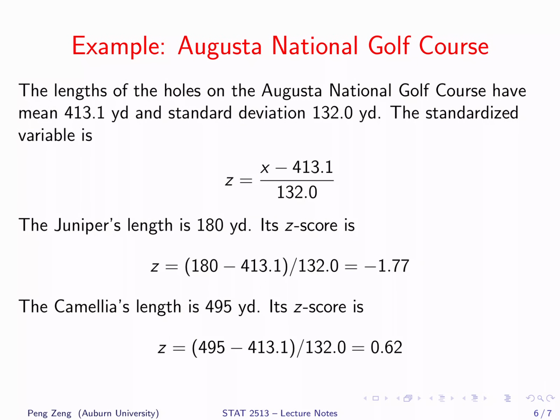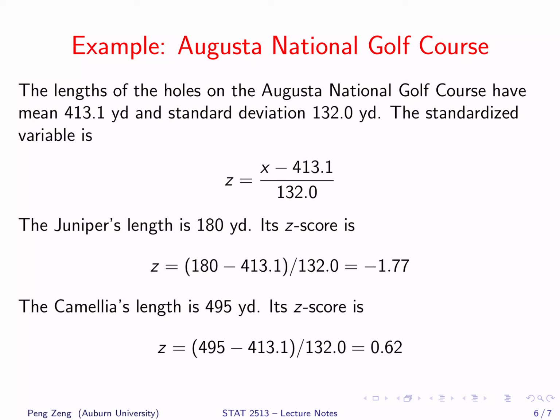In this example, the length of holes on the Augusta National Golf Course have mean 413.1 yards and the standard deviation 132 yards. The standardized variable can be written as z equals x minus 413.1 divided by 132.